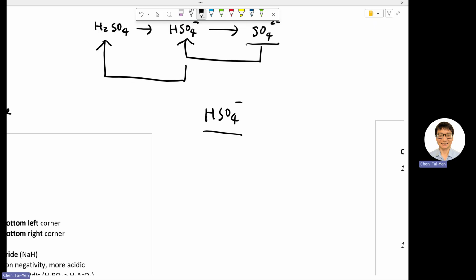Then what you need to do is add H plus. So if you want to find the conjugate base, you subtract H plus. If you want to find the conjugate acid, you add H plus. Then you go back to H2SO4, so this one will be the conjugate acid of this species. Those are the things you need to be very familiar with.